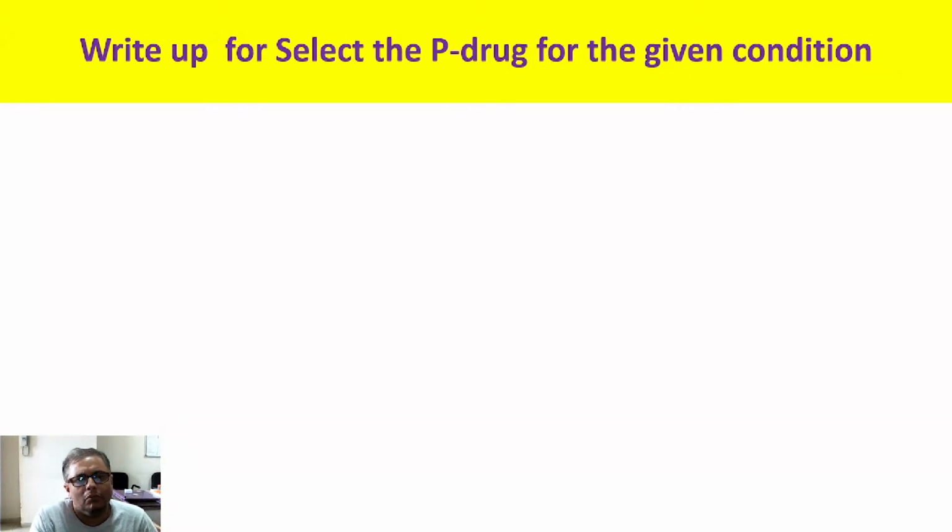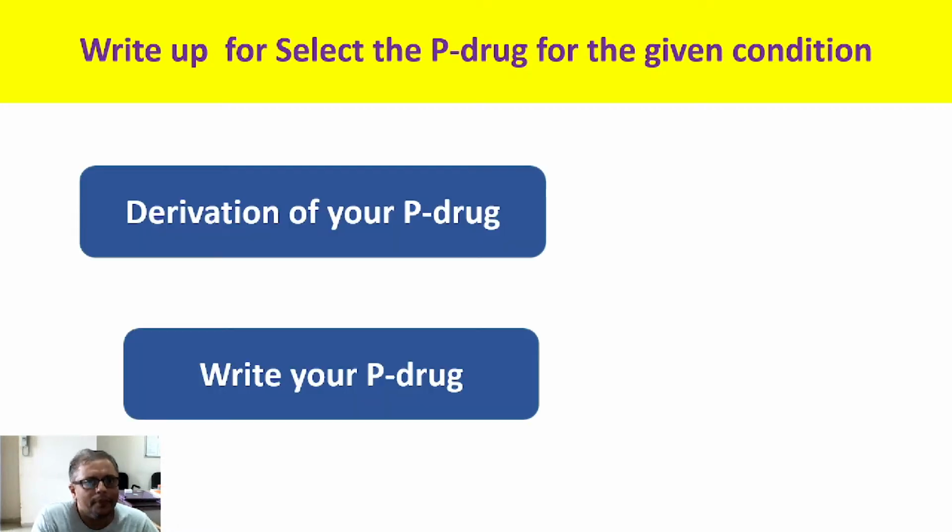Now, there are two parts. First, you have been given 30 to 45 minutes, for which you have to prepare a write-up for the selection of the P drug, and then you have to give the viva. What exactly do you have to write in the write-up?